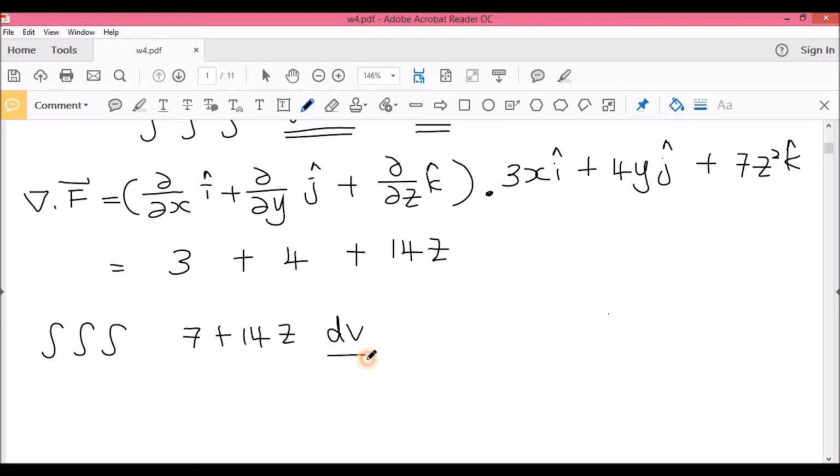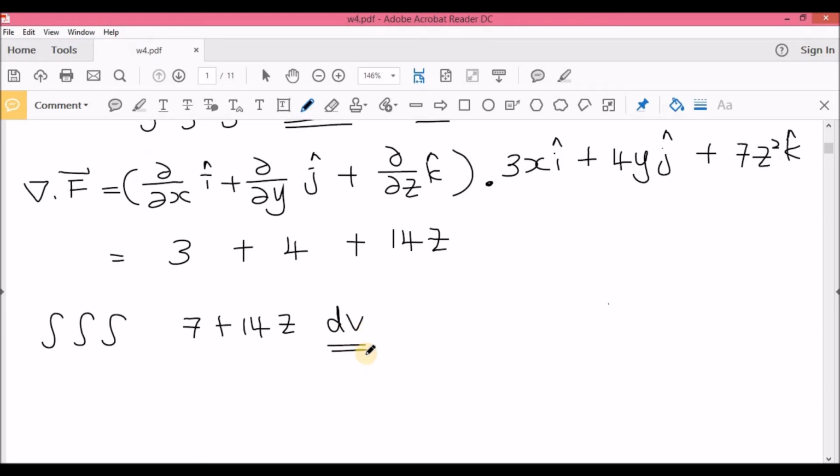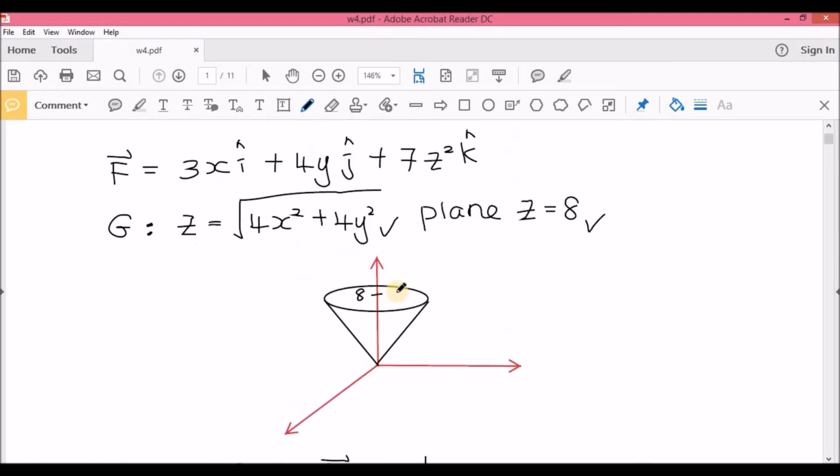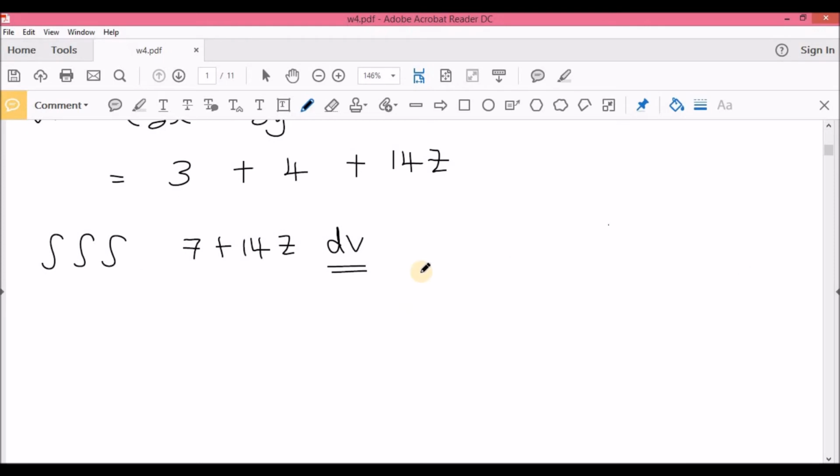Now you have to choose a suitable dV to solve this triple integral. Referring to the structure, you can use cylindrical coordinates. It means your dV becomes dz r dr d theta. Now you have to set the ranges for z, r and theta.